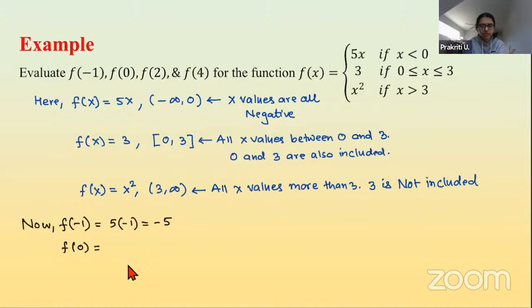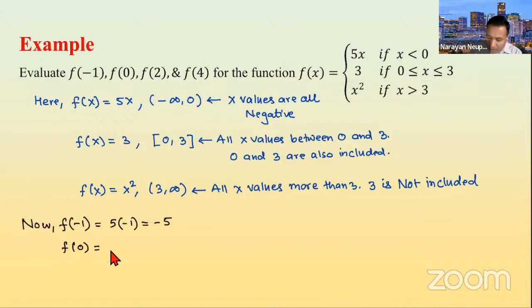The second one. The second one, very good, because 0 is included there. It's from 0 up to 3, and 0 is also included. So the value of the function from 0 up to 3 is always 3. Okay, so f of 0 is equal to 3. Very good, Prakriti.